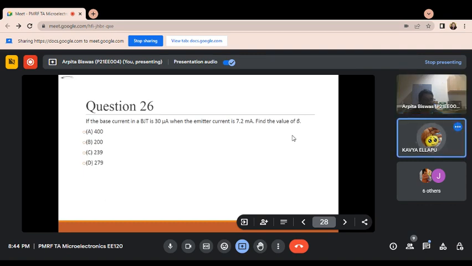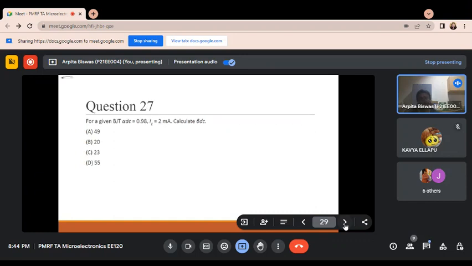Then beta equal to IC by IB. So IC equal to 7.17 and IB equal to 0.03. We are taking both in milliampere. Okay. So yes, ma'am, got it. So the value is 239. Okay.